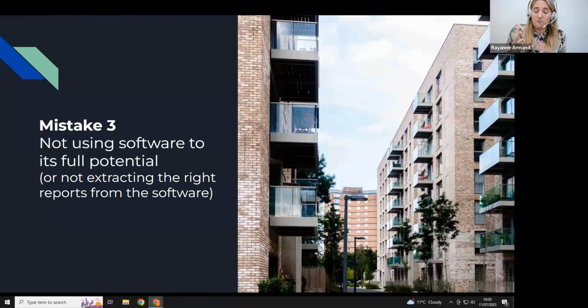A process would be just creating a checklist for your admin staff to go through, like have they attached a piece of evidence, a piece of paperwork, to every transaction? Once the banks are reconciled, have they checked that the bank balance agrees to your bank statement? So you need robust processes and checklists to ensure that, in conjunction with using that software, you have strong controls around your service charges.